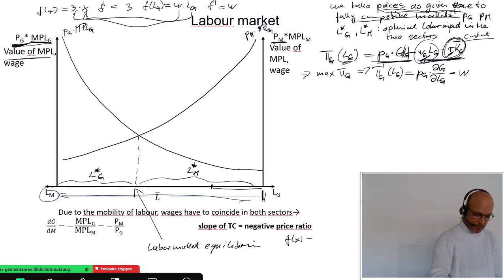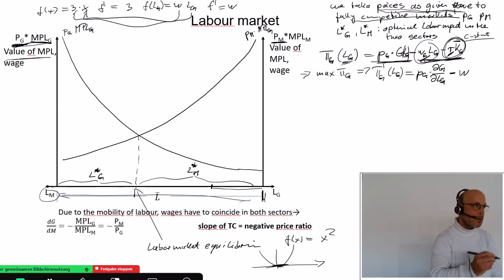F of x equals x squared. How does it look like? It's a parabola looking like this. The minimum, optimum. What's the characteristic of the slope in the minimum? It's a horizontal line. The slope of a horizontal line is 0. So this we have to set to 0 in optimum.